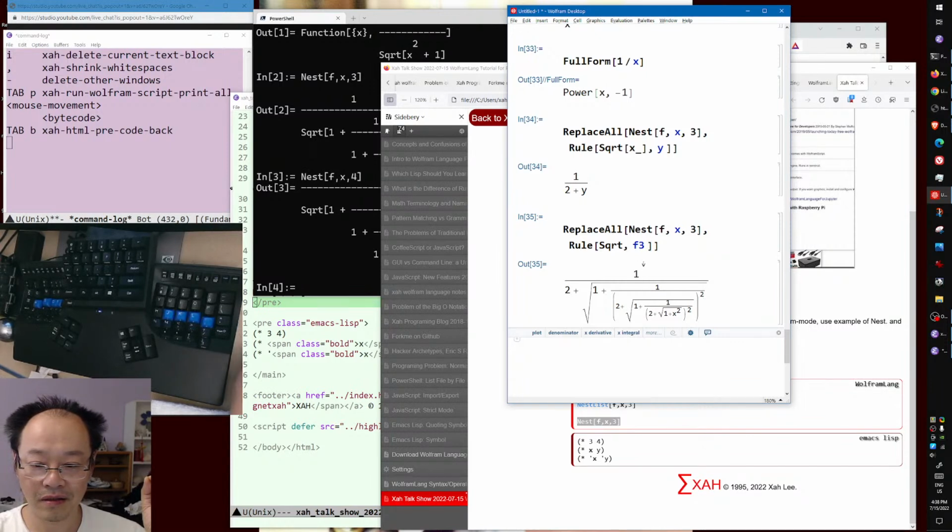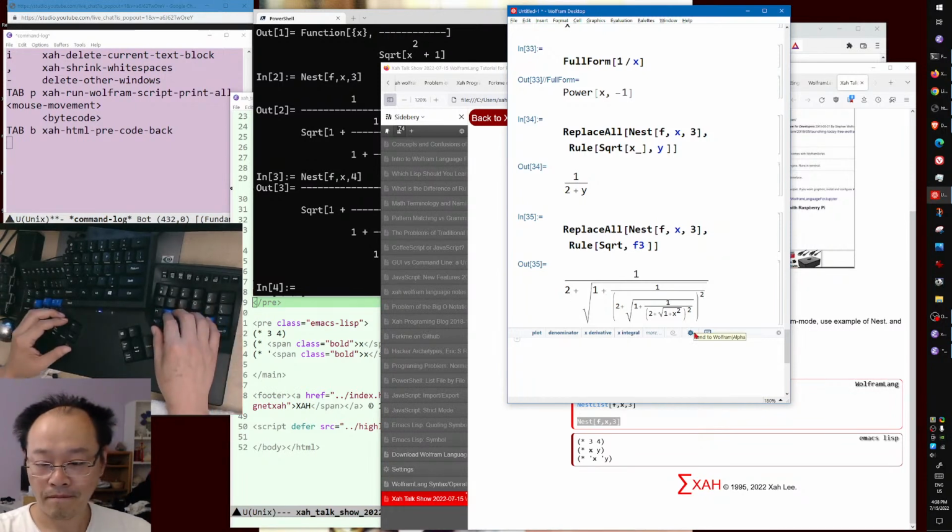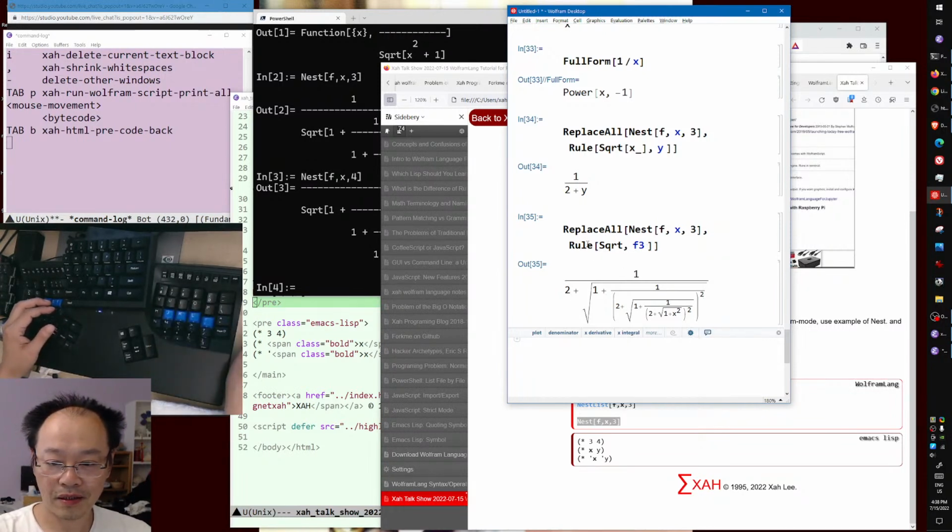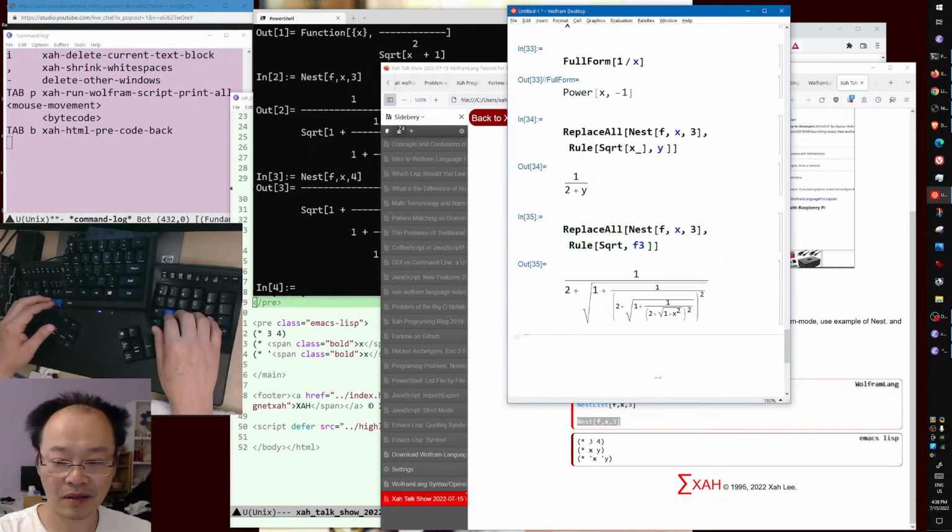We still have square roots. Why is that? We want to replace all square root by, yeah, what's going on?